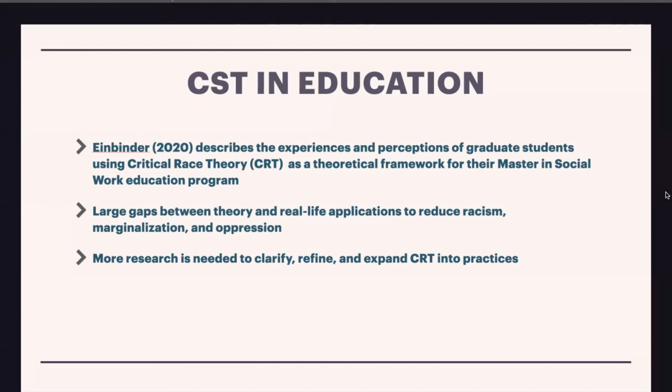The findings revealed that there were large gaps between the theory itself and real life applications to reduce racism, marginalization, and oppression. And the findings ultimately stated that more research is needed to clarify, refine, and expand critical race theory into actual real life practice, which sort of highlights the limits of this theory.